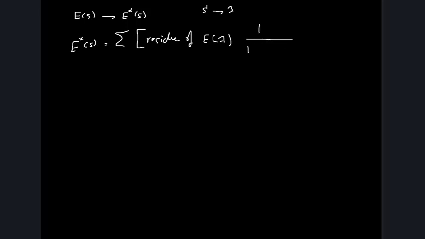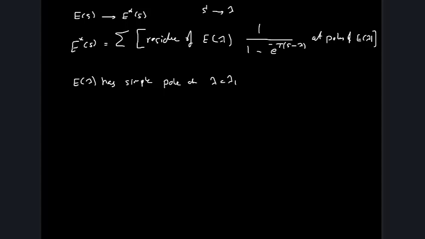1 over 1 minus exponential of minus t s minus lambda at poles of E of lambda. And you know that the residue, if we have simple root, it will evaluate it as, let's assume that E of lambda has simple pole at lambda equal lambda 1.